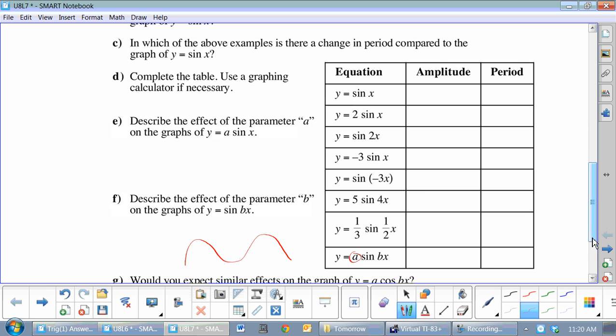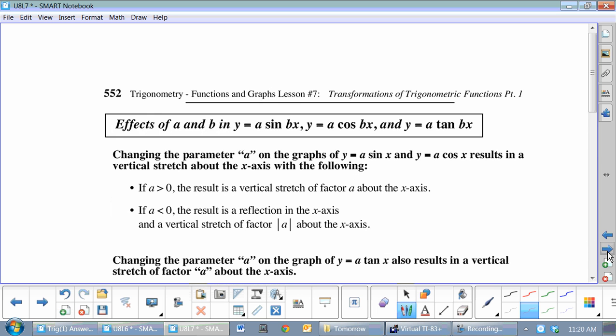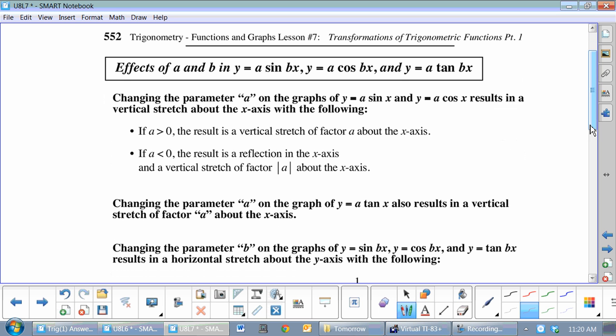Let's go to the next page. Okay, so if A is greater than 0, right here, that's just a vertical stretch by a factor of A. Now, we're talking about A's on that side, right? So that's why it's a vertical stretch by A, but it really belongs to the other side, which would be 1 over A, which is a vertical stretch by A. Now, if it's less than 0, it has two things, okay?